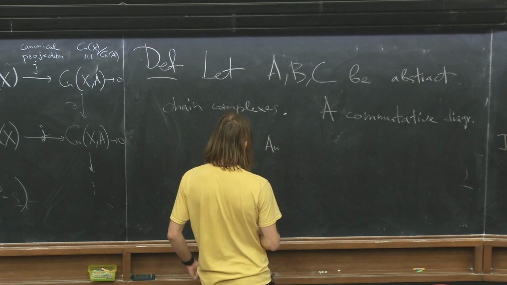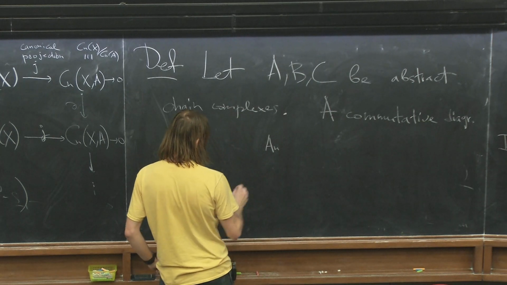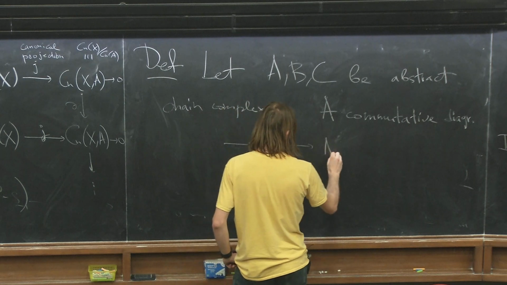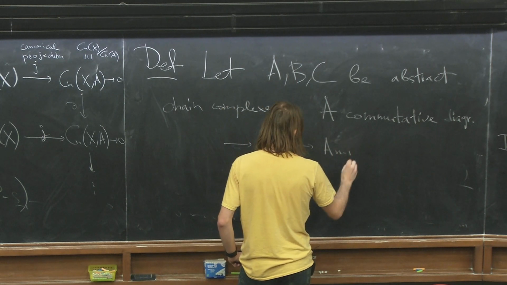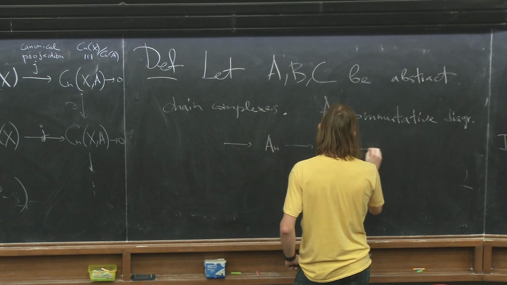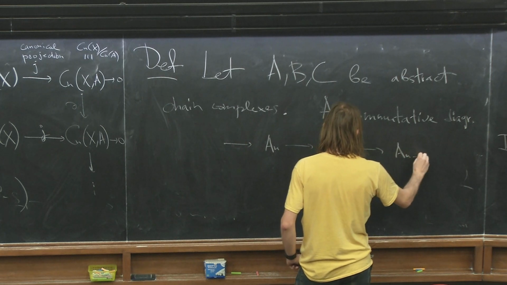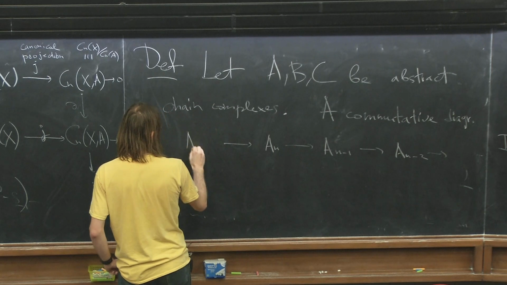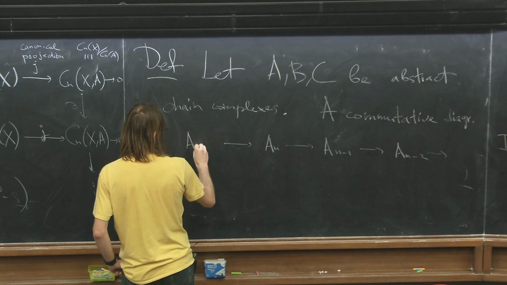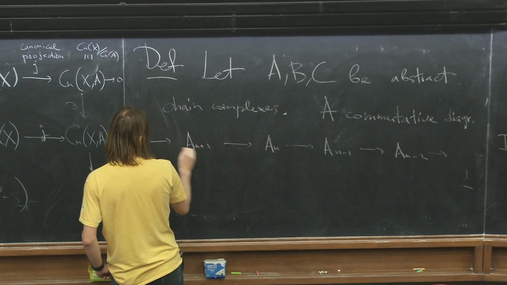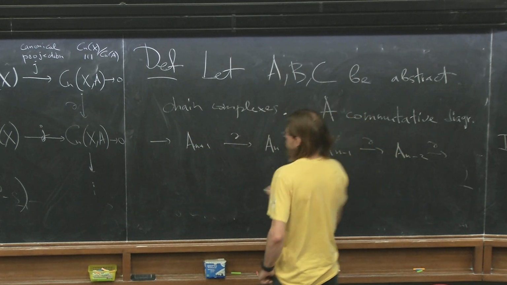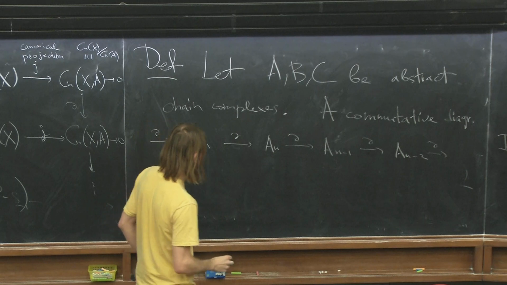So the columns, sorry, the rows in these diagrams will be our chain complexes. Okay, the first row is like this.